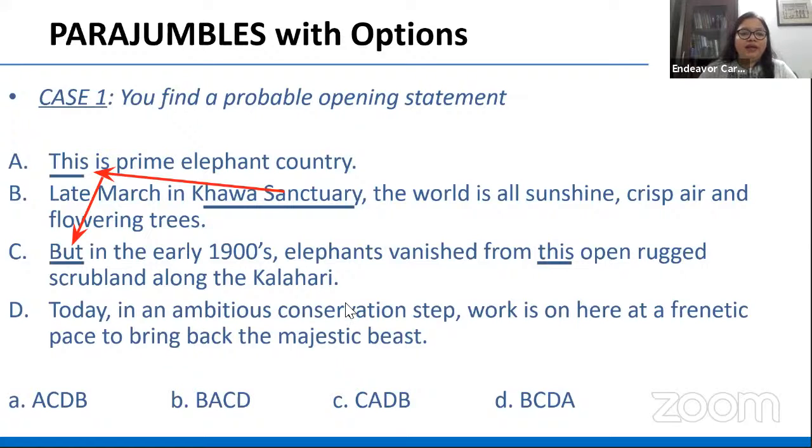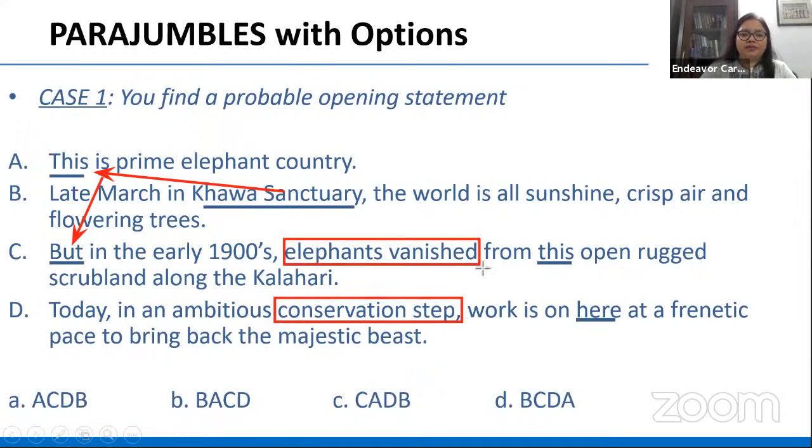And that is where I find today, in an ambitious conservation step. We're not talking of anything else here, but conservation. And conservation can only come in if I first talk of elephants vanished. That is where the difference between early 1900s and today occurs, right? Early 1900s, elephants vanished. Today, in an ambitious conservation step, work is on here.